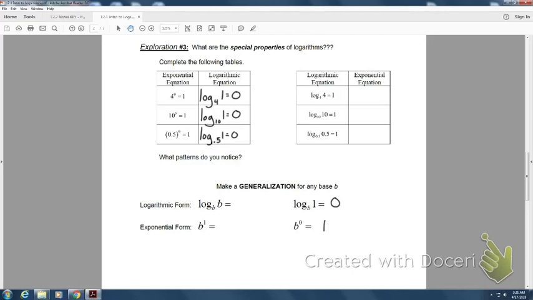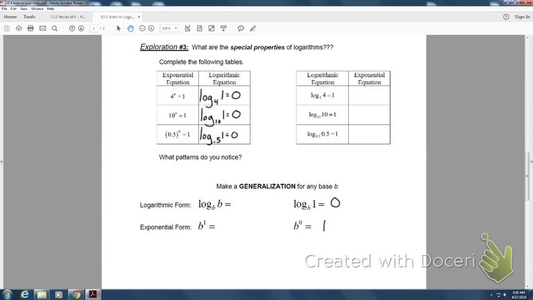We've talked about that property, remember? That should be the easiest exponential property there is. Exponent of 0 equals 1. I don't care how big this base is. Because these are inverses of each other, there are similar properties we can use in logarithmic form: log base whatever, of 1 is always going to be 0.